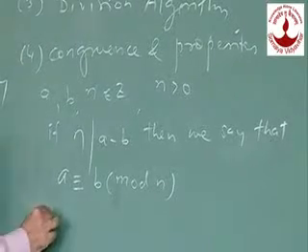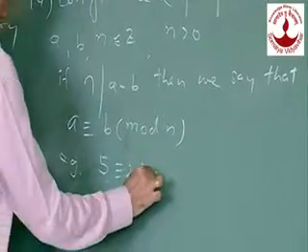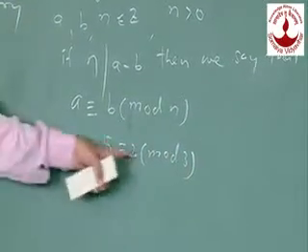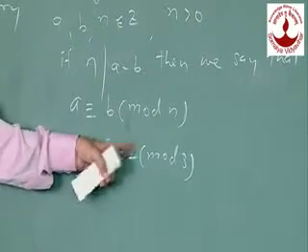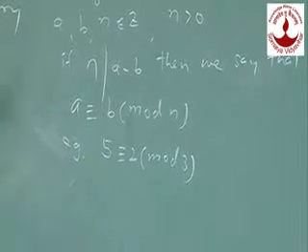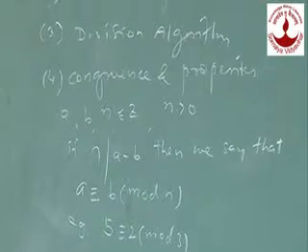For example, 5 is congruent to 2 modulo 3. Just verify the difference of 5 and 2 is 3, and the difference is also divisible by 3. That is the meaning of congruences. Now, what are the properties?